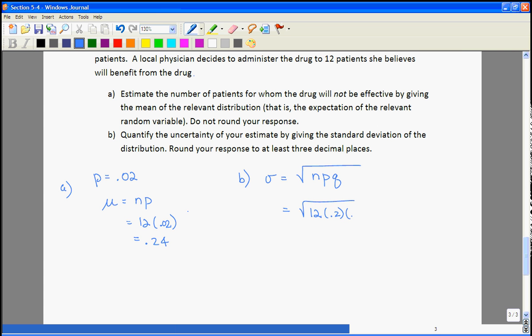So less than 1. So on average, she doesn't expect this to be ineffective with anybody. Okay, caught that little mistake there. So over here, we're going to have 0.02 for the probability of not being effective and 0.98 for the probability of being effective. And that comes out to 0.485.